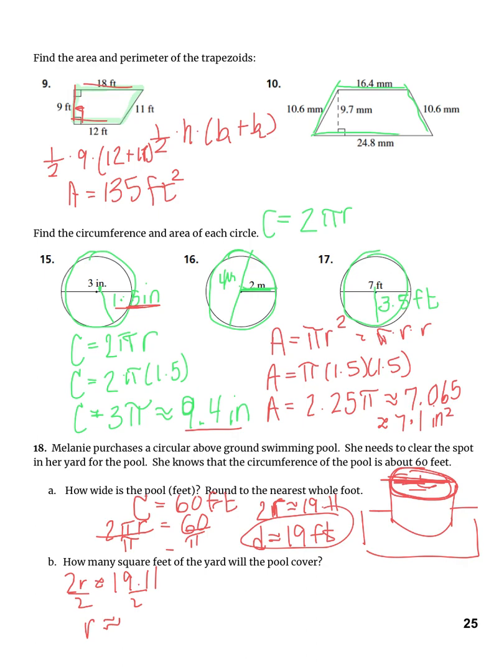So now I'm going to find how many square feet. Well, square feet is area. To find the area, I'm going to do pi times r squared. Now I know my r is around 9.5, and I know pi is about 3.14, so I can substitute in 3.14 for pi and 9.5 squared for the radius.